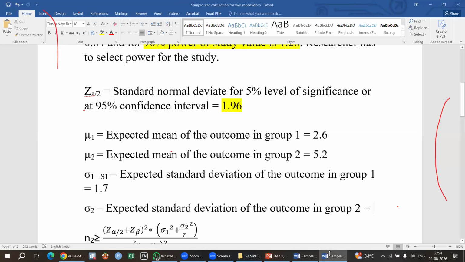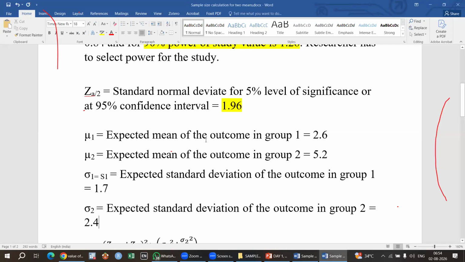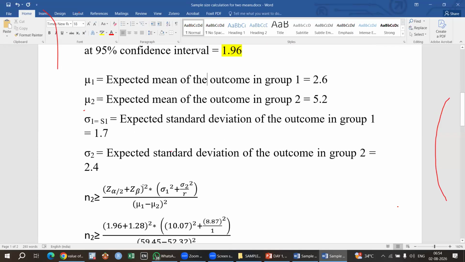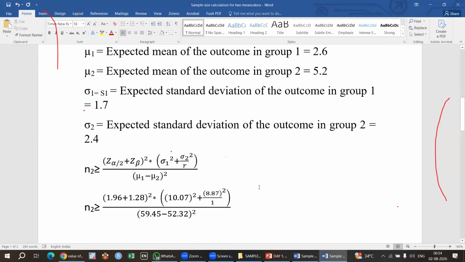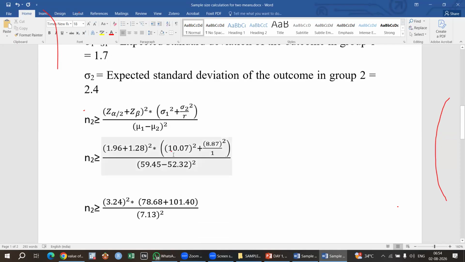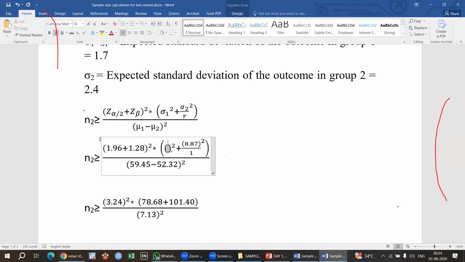So what we are doing? 2.4. Mention all these things in this formula. No need to worry. Step by step, please do this. Sigma 1, 1.7. Sigma 2, 2.4.